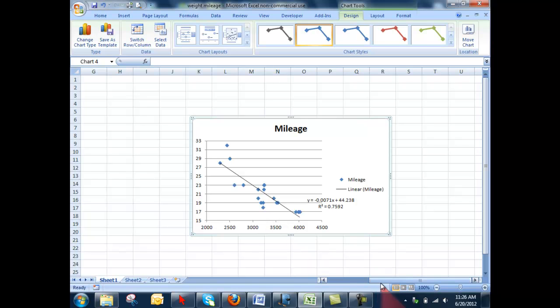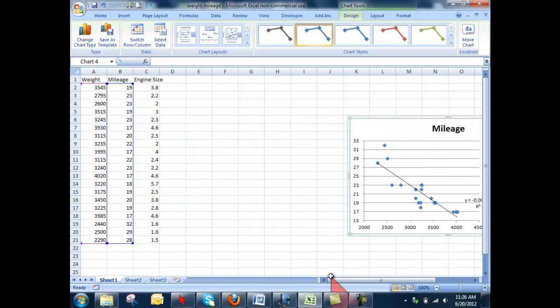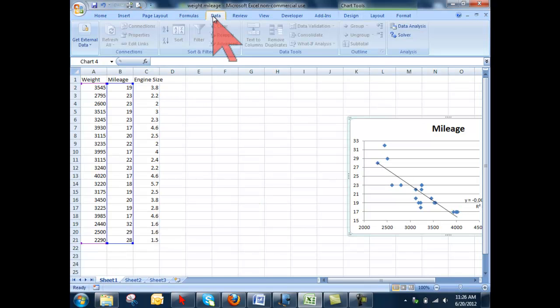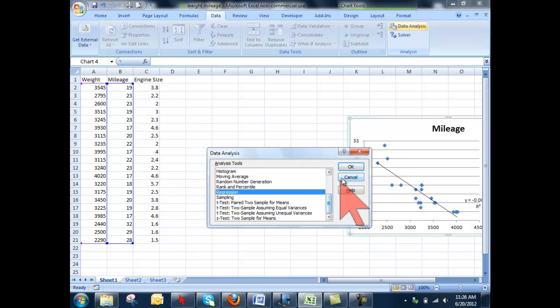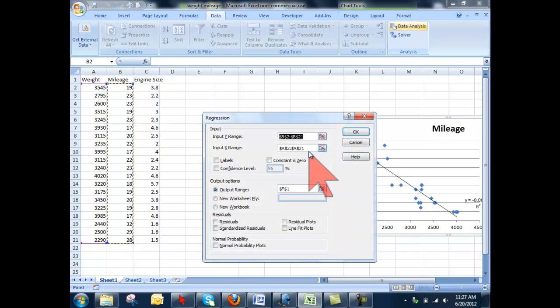Let's do the same thing another way. If I come up here to the Data tab and Data Analysis, I've already gone through the procedure to add the Data Analysis add-in to Excel. And let me choose Regression out of this list. So I click OK, and it says, first of all, input the Y range.